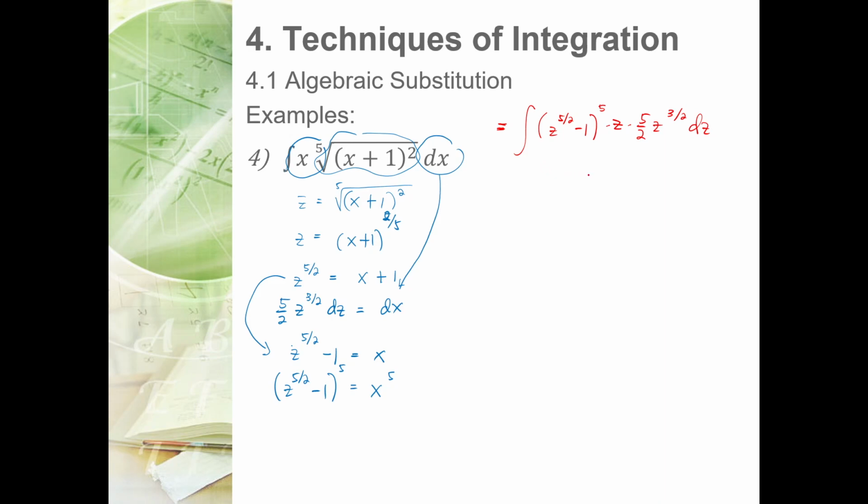So it seems more complicated, right? So 5 halves times (z to the 5 halves minus 1) to the power of 5, and then z to the 5 halves dz.